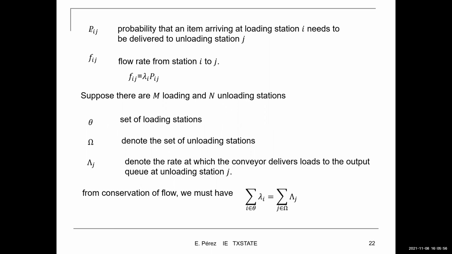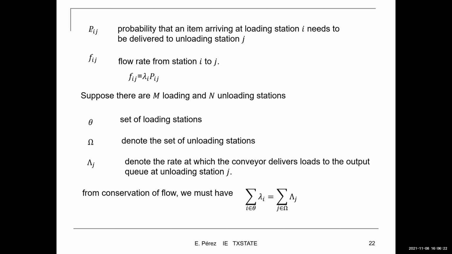Fij is the flow rate from station I to J. So Fij is equal to lambda I, the arrival rate, times Pij, which is the probability that an item arriving at loading station I needs to be delivered to unloading station J. Suppose that there are M loading and N unloading stations.